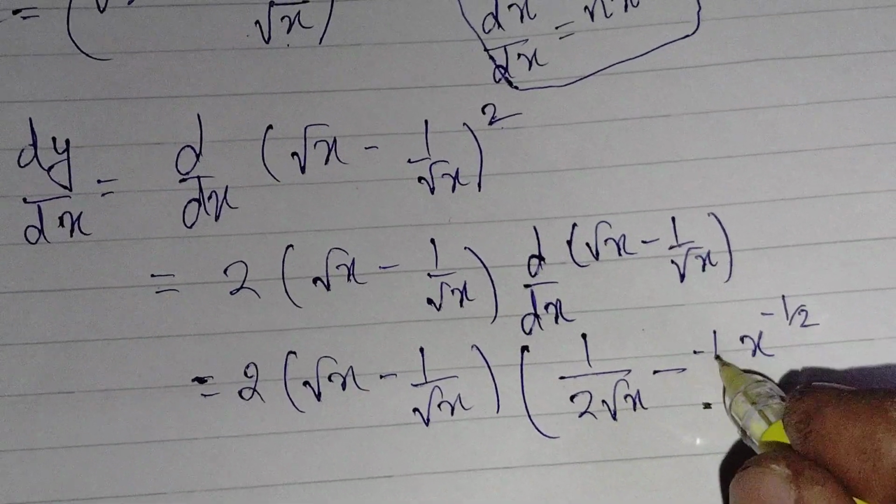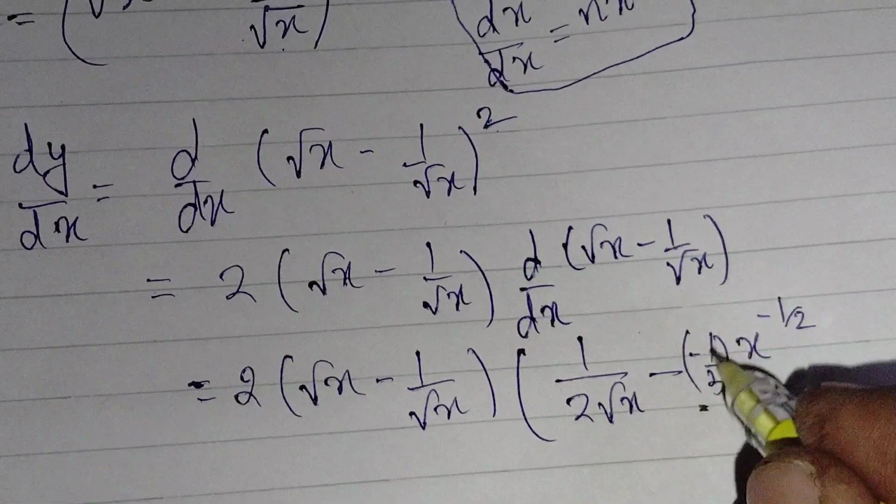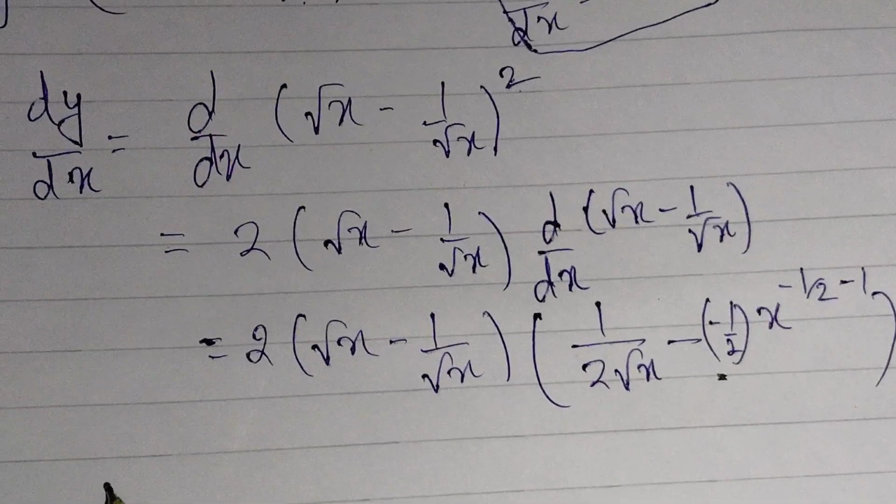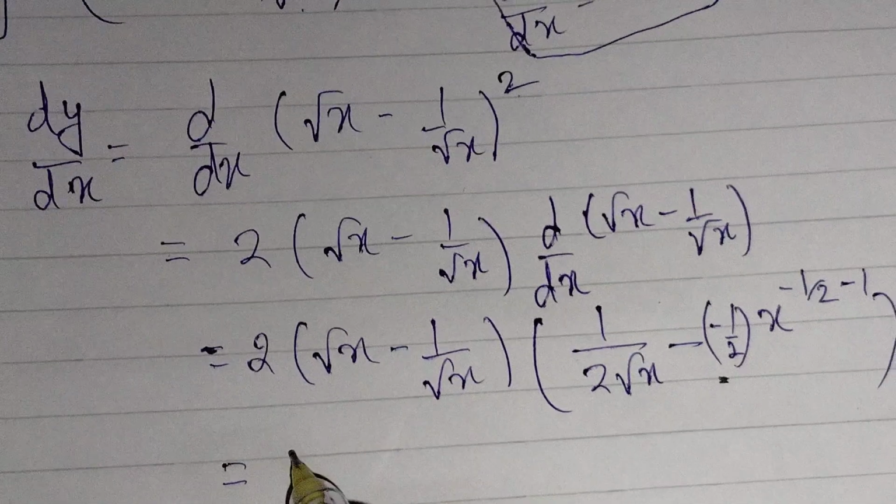Its differentiation will be minus 1 by 2, we write in front, and x power minus 1 by 2 minus 1.